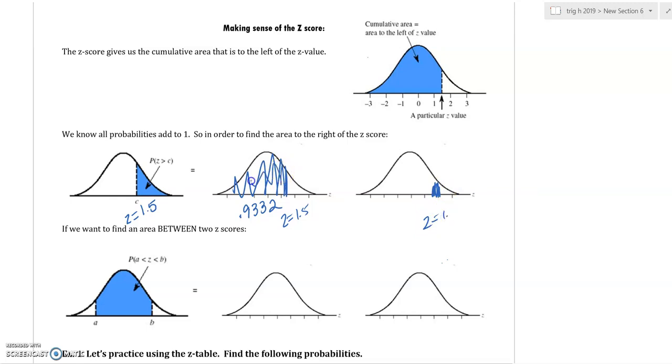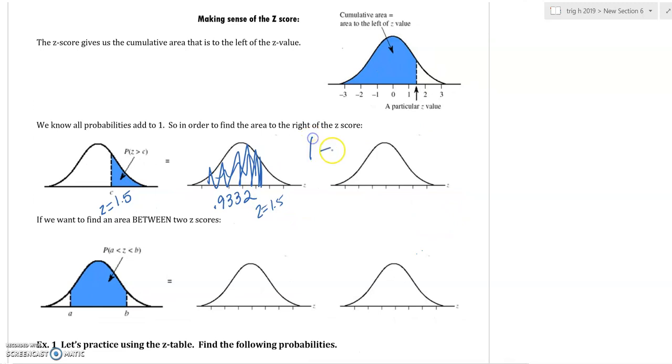Sorry, to the left is 0.9332. So if I wanted to find the area to the right, you would do 1 minus 0.9332, which is 0.0668. So that means this area to the right is 0.0668.